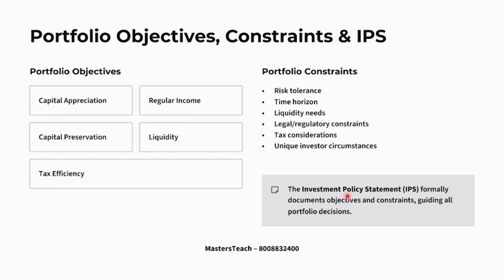The investment policy statement, IPS, formally documents objectives and constraints and guides all the portfolio decisions. Whatever the objectives, constraints and guiding things, that is called the investment policy statement, IPS. Okay, try to write this so you can get good marks.